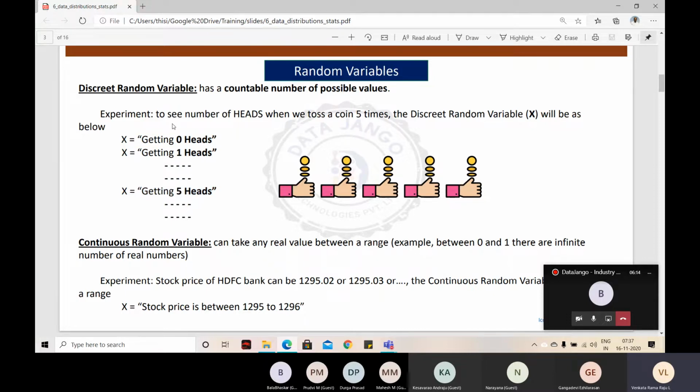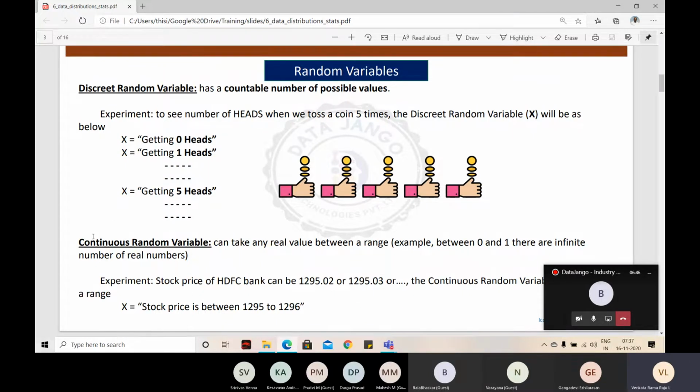Okay, and when you can count the outcomes, it is called a discrete random variable. Here I can say 0 heads, 1 head, 2 heads, 5 heads, because 5 times I am throwing. But in a continuous random variable you cannot exactly say, for example, 1295 as the stock price today, because it's a real number and it can oscillate, or it can range between a range.